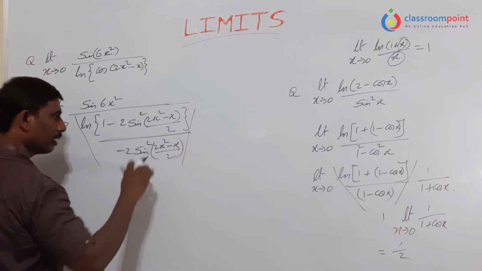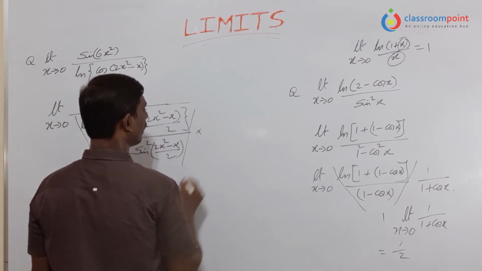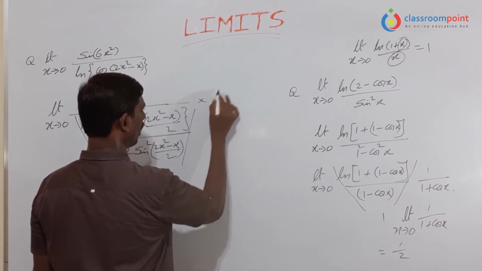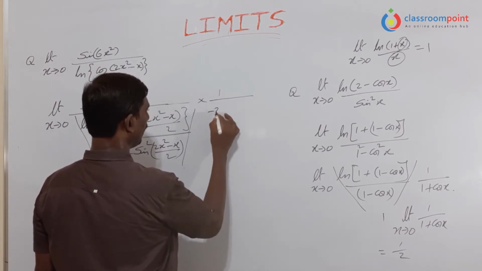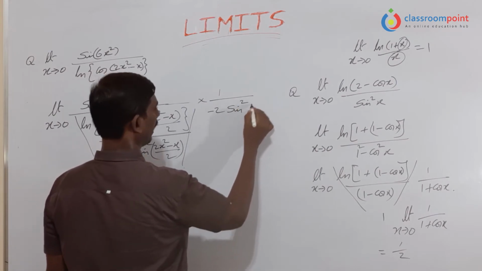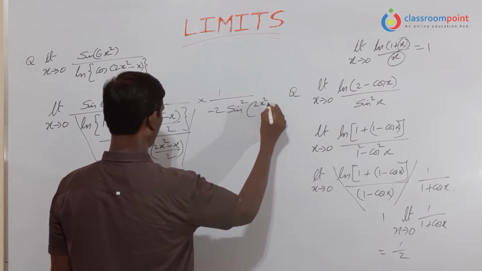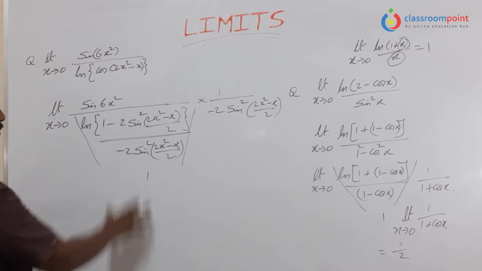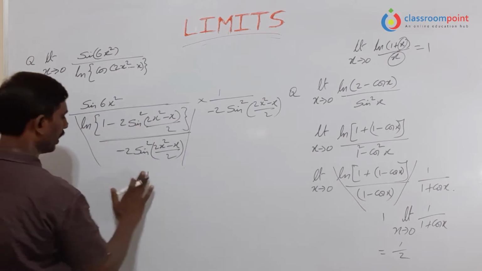Sir, how do we get this? Multiply and divide. Then here we get 1 by minus 2 sine square of (2x square minus x) by 2 it is. So this is totally 1 we have.